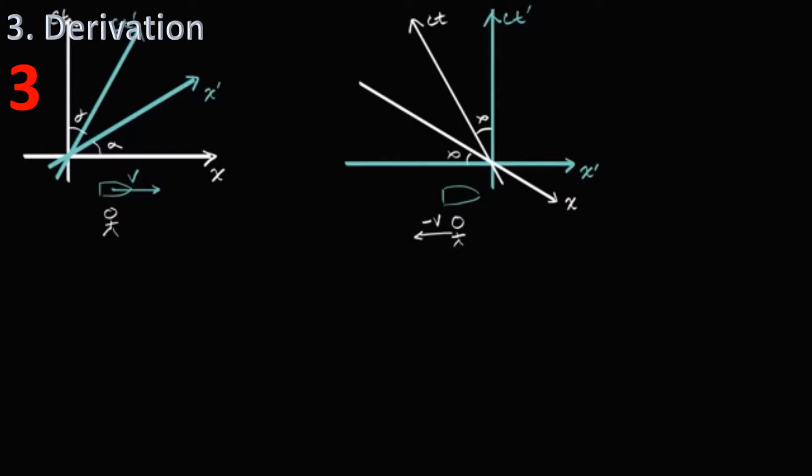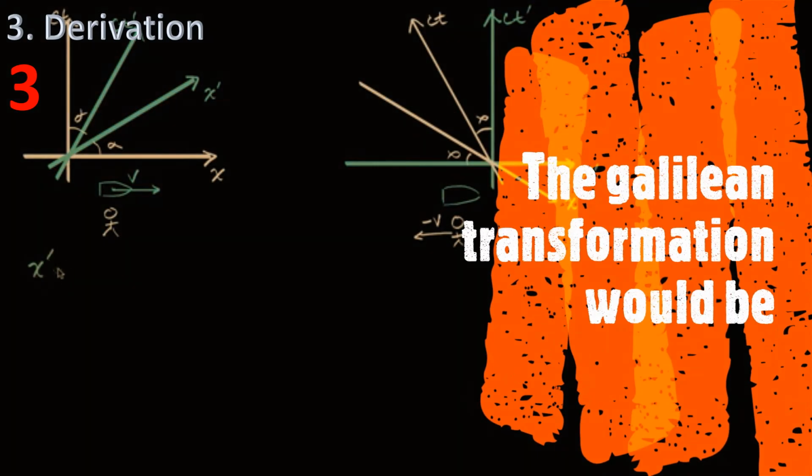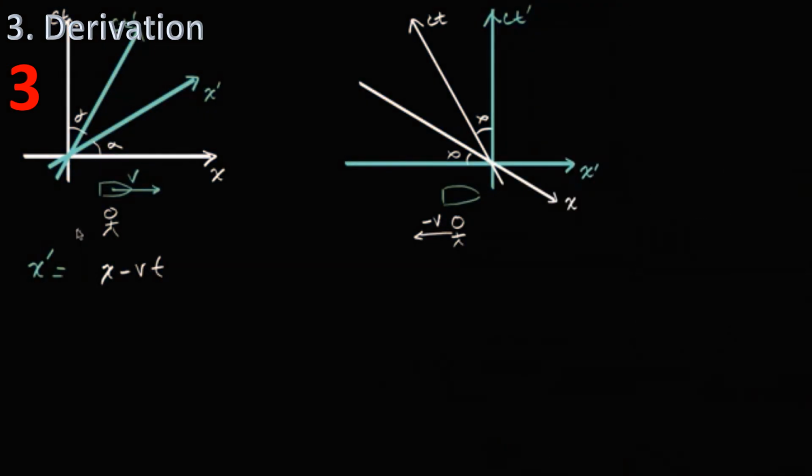Transformation, where we could say, all right, the Galilean transformation would be x prime is going to be equal to x minus v times t. Now we already know that if you just use the Galilean transformation, then the speed of light would not be absolute. It would not be the same in every frame of reference.